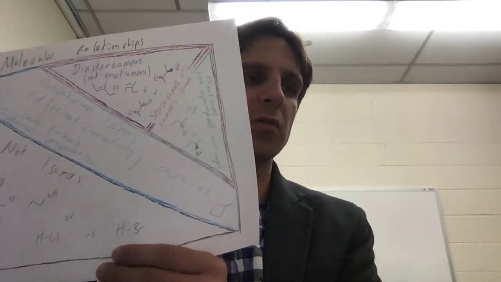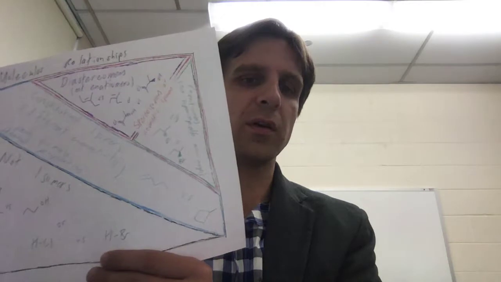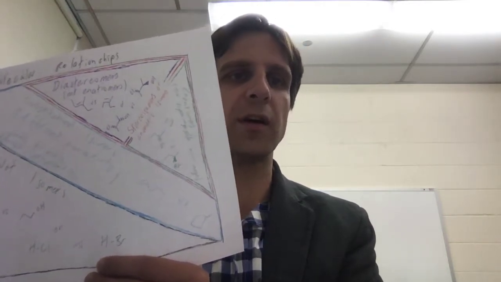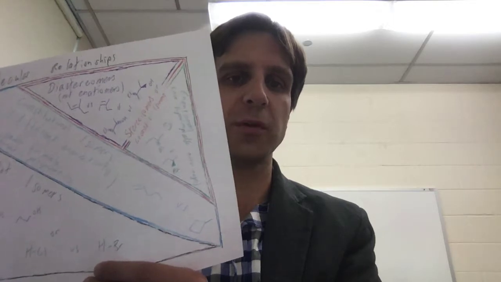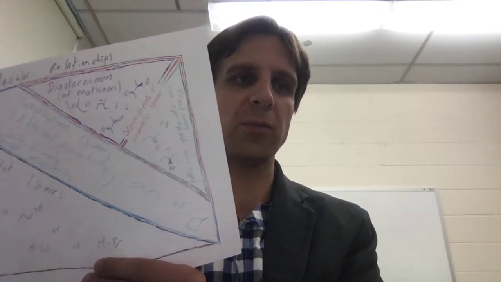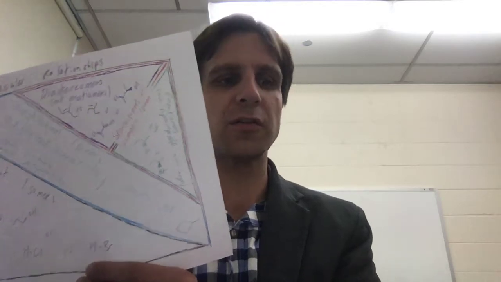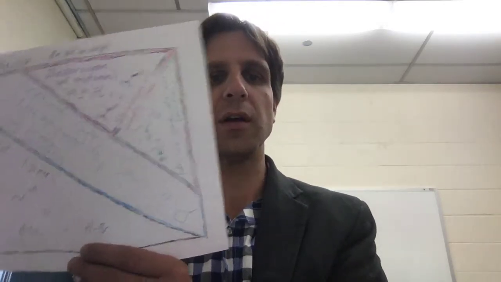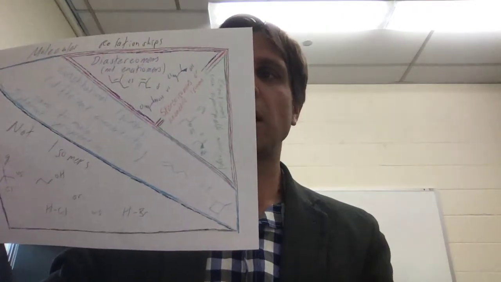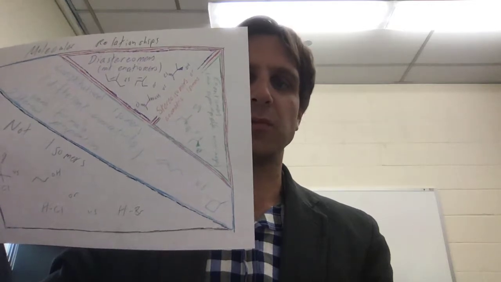But the geometric orientation of those can be different, and that's where we get to stereoisomers. There's two types of stereoisomers, or geometric isomers. One of them has a very strict definition, which is the enantiomers, and then if it doesn't fall into the enantiomer category, it's instantly a diastereomer. We've drawn that here with this strict line between the diastereomers and the enantiomers.